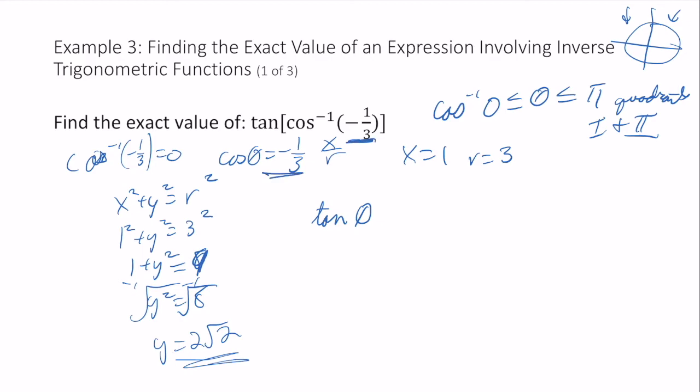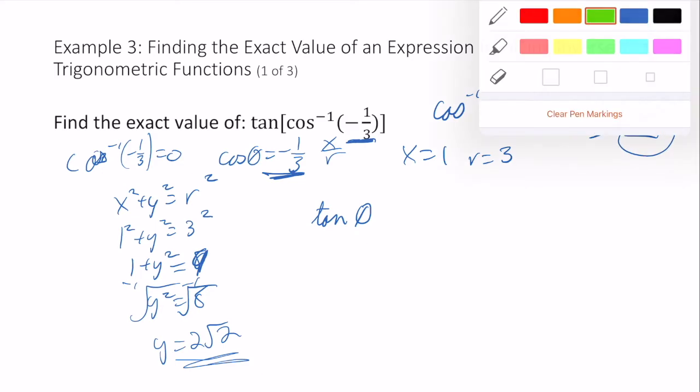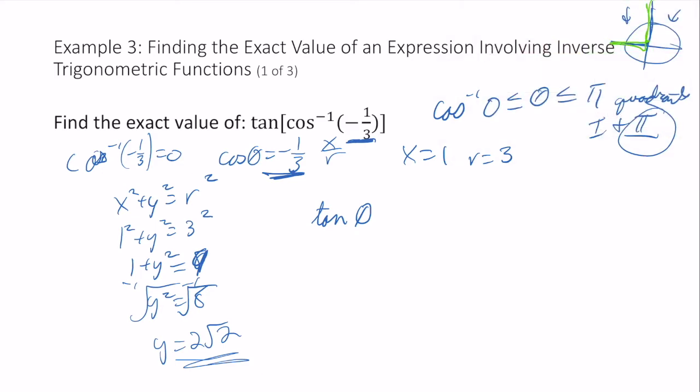So I'm in quadrant 2. That means my tangent's going to be negative. So my tangent is going to be negative 2 square root of 2 over x, which is 1. So that's just negative 2 square root of 2.